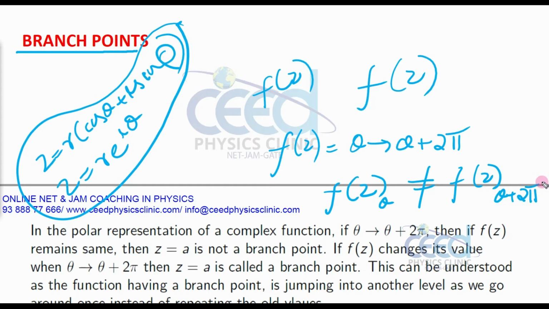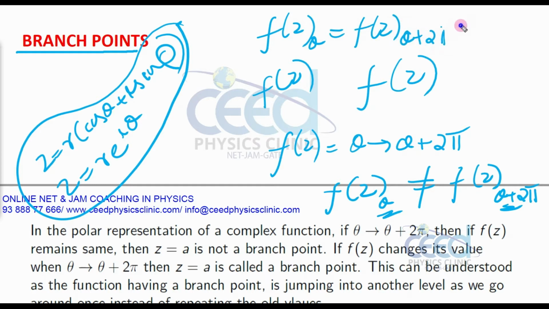If it is equal, that is, f of z at theta is equal to f of z at theta plus 2 pi, then it is not a branch point. If it is not equal, then it is a branch point.